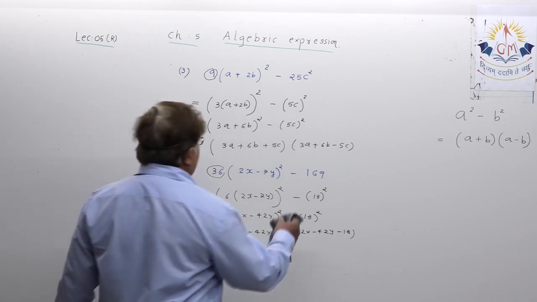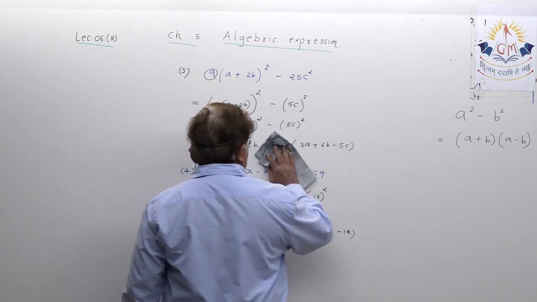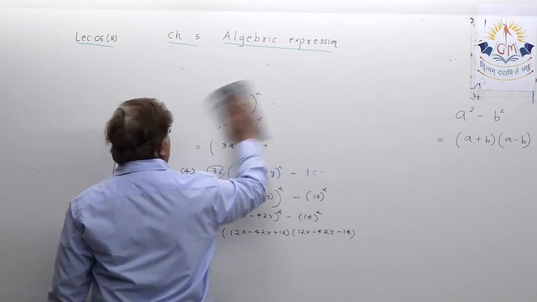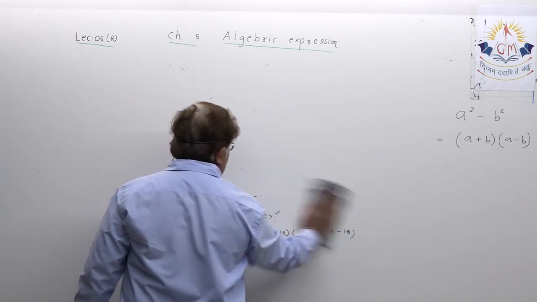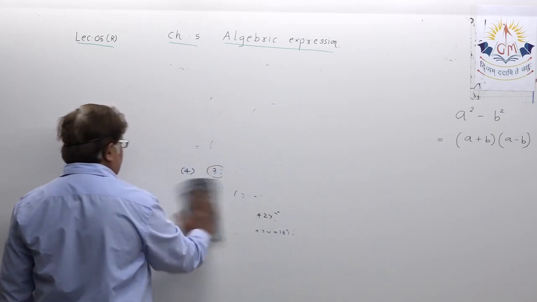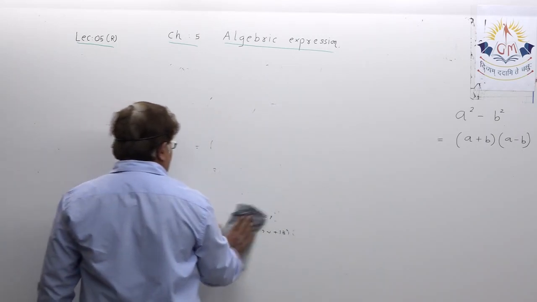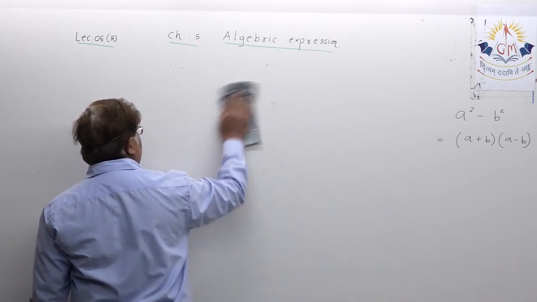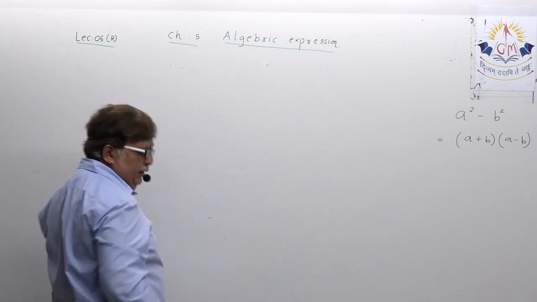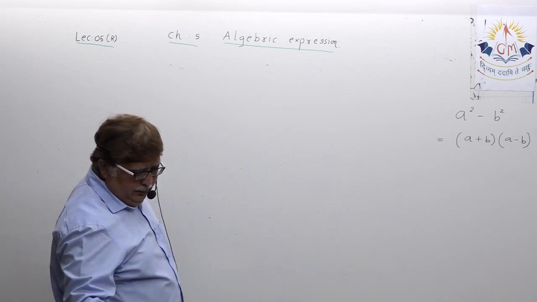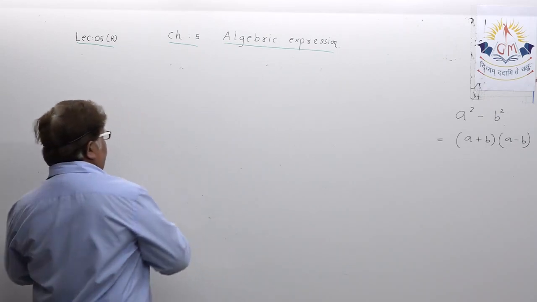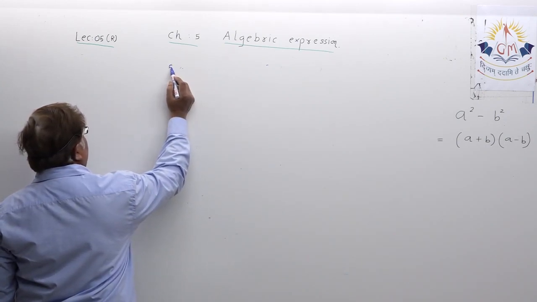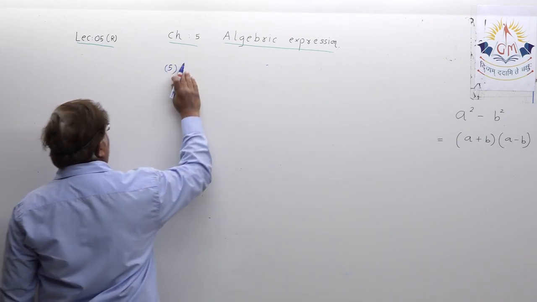Okay, let us write few more examples where you will see the bracket appearing in the second term rather than in the first term. Okay, let me write one example.